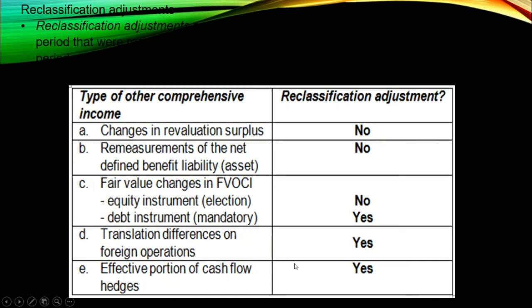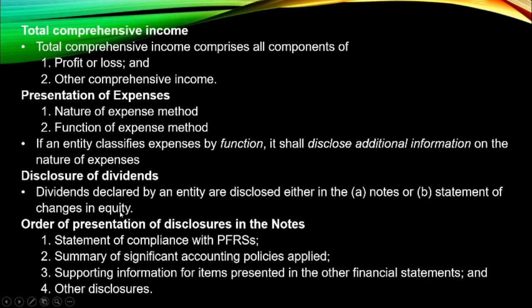And then the effective portion of cash flow hedge is yes. The total comprehensive income comprises all components of profit or loss and other comprehensive income.